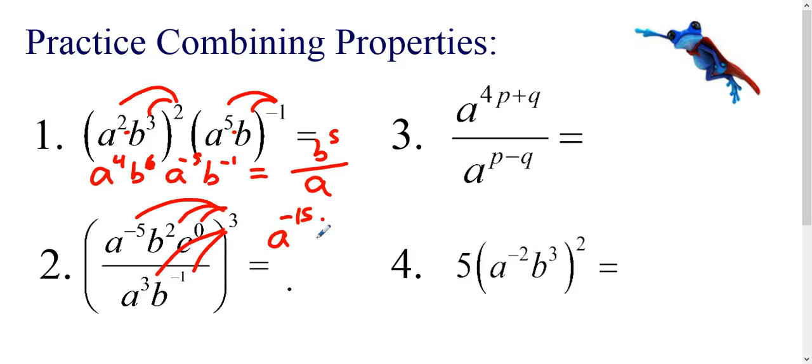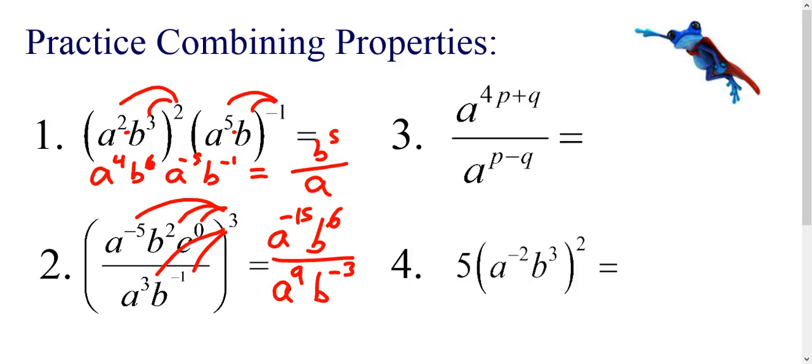So you get a negative 15, a b to the sixth, c to the 0 still. I'm not even going to bother writing c to the 0 because it's 1. Doesn't matter. A to the ninth, b to the negative third. The c went away because it was to the 0 power. It doesn't matter.